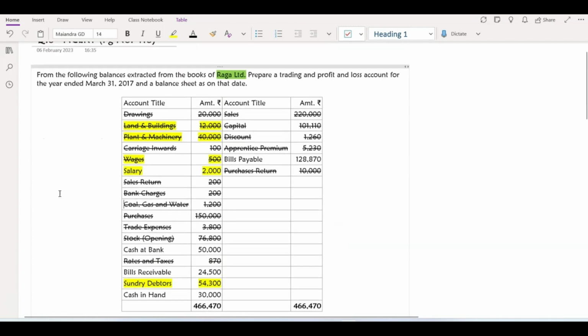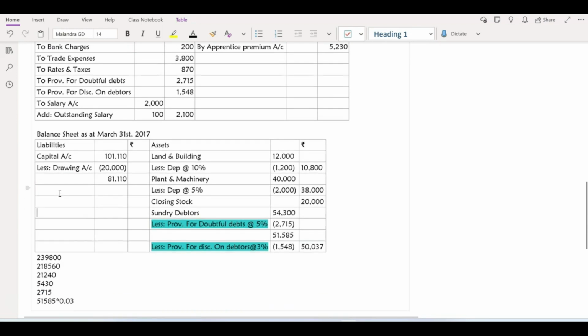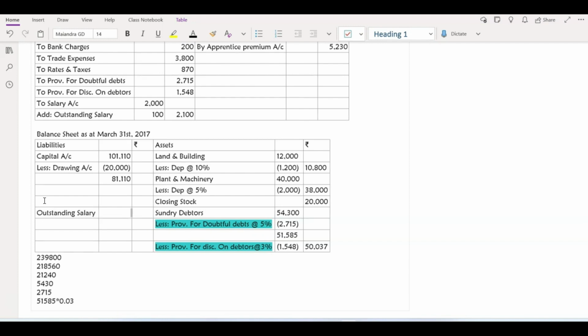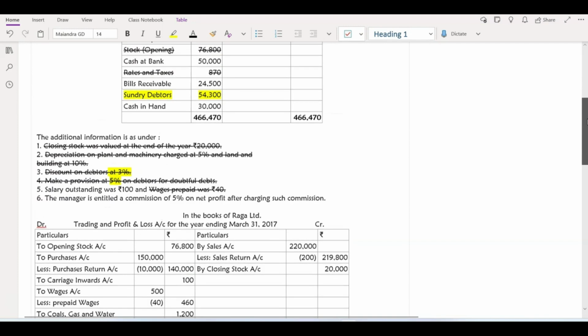Just let me see how many. There is no sundry creditors. Okay, only bills payable. All right. So I'm going to leave one space for net profit or loss, then bills payable, and then my outstanding salary, which is 100 rupees. Okay. Now my salary is done.